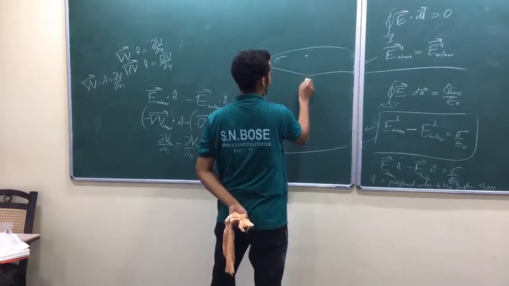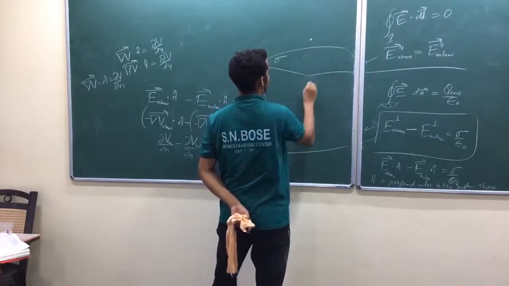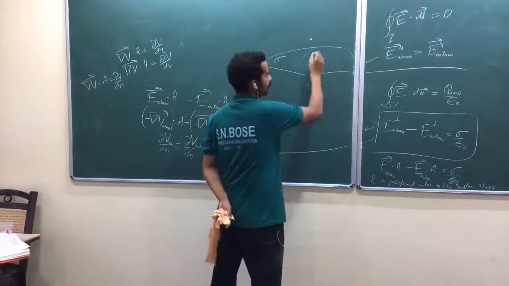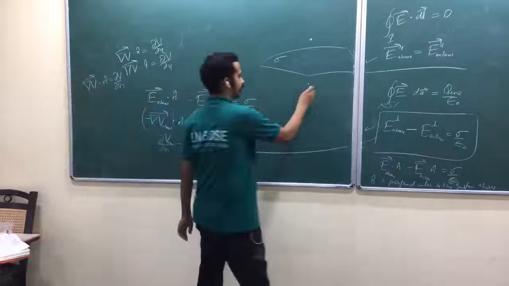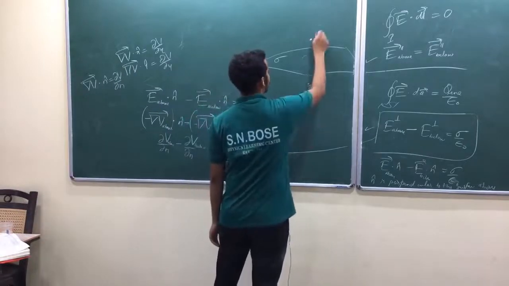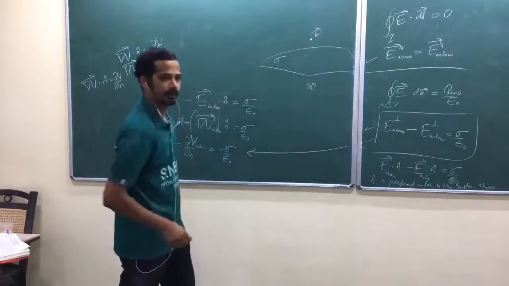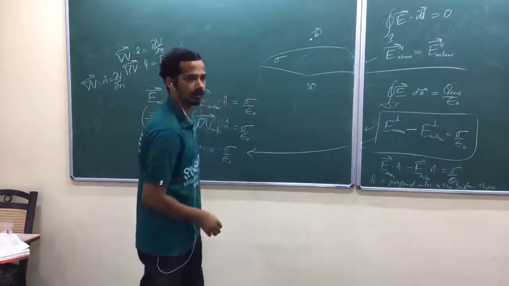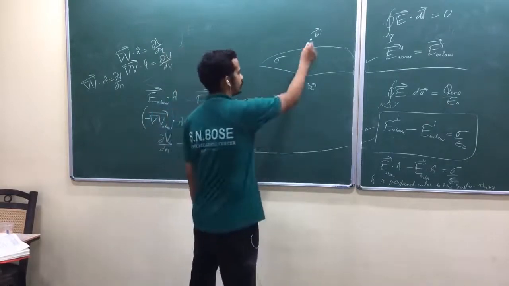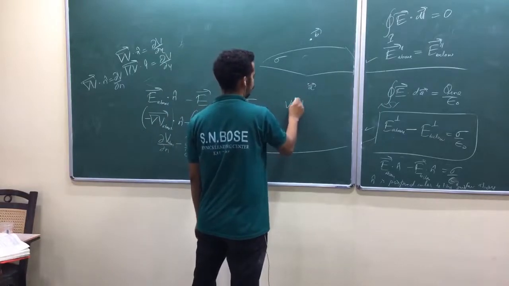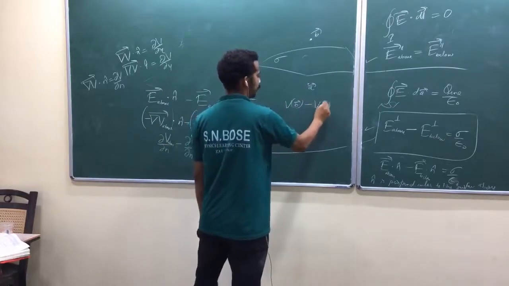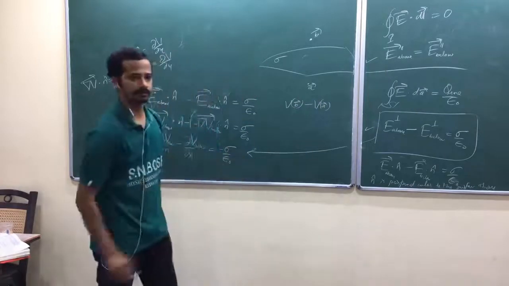So you take here and here. One point below is point A, above is point B. Now you have to find the difference. Just write VB minus VA.